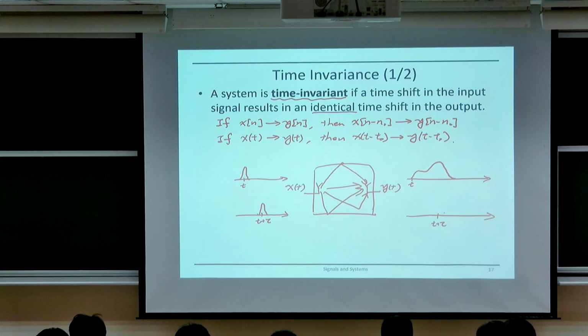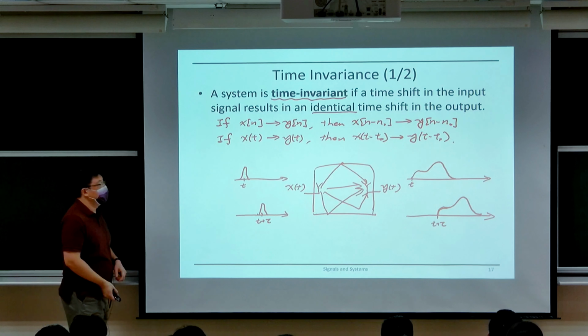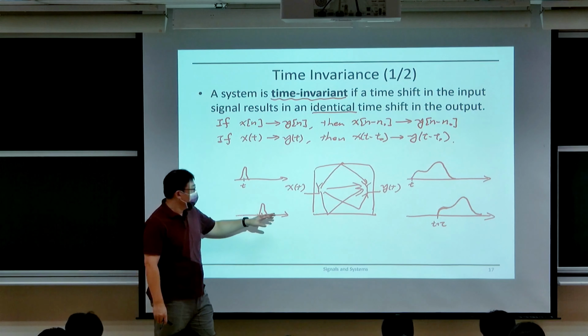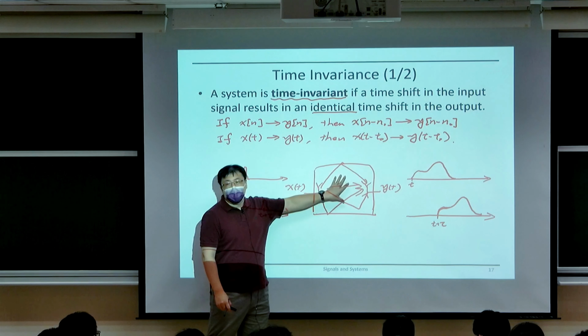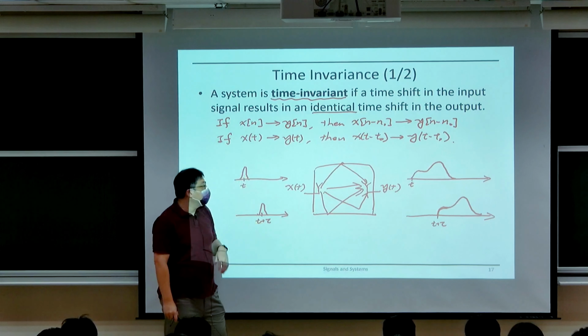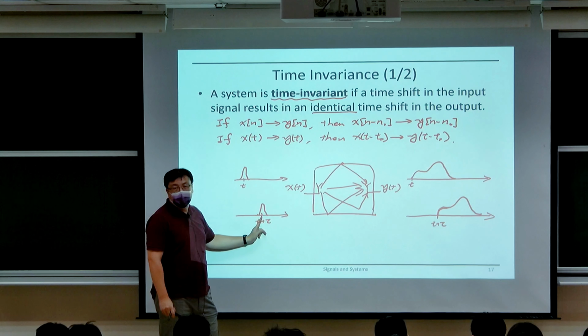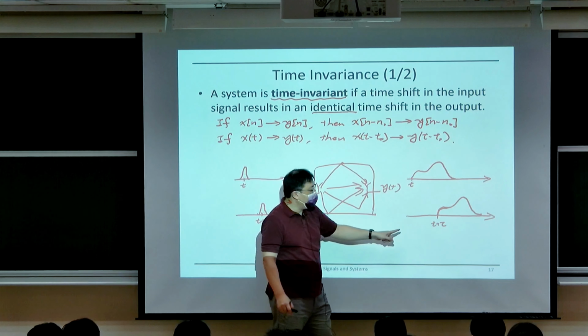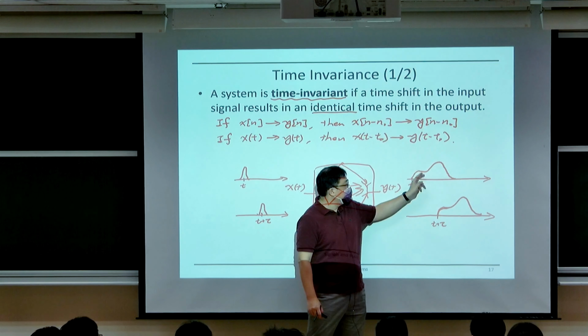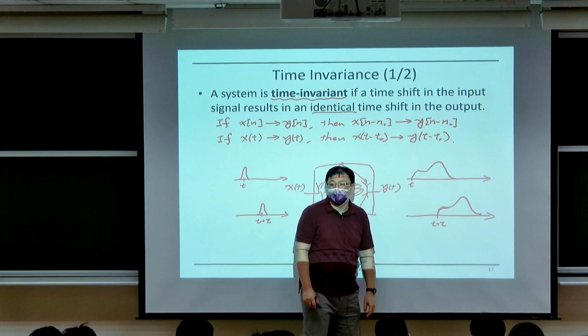Okay. So I can't draw perfectly, but something like this, okay? Right, so again, if nothing changes inside this chamber, then by inserting the same pulse tau seconds later, what you expect to observe at the output is the same signal, but delayed tau seconds later, right?